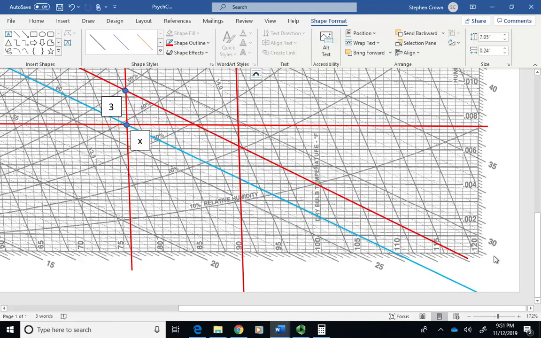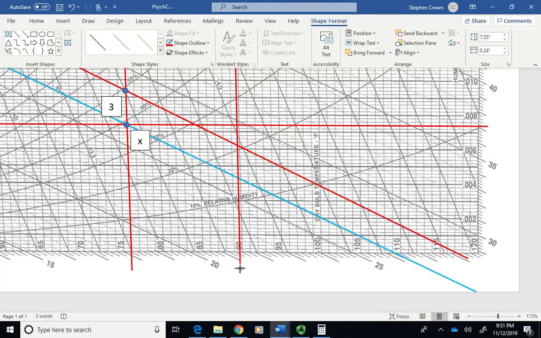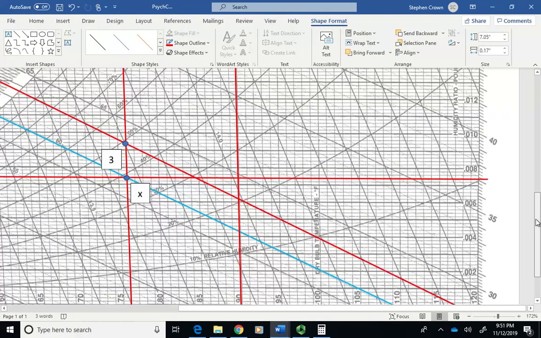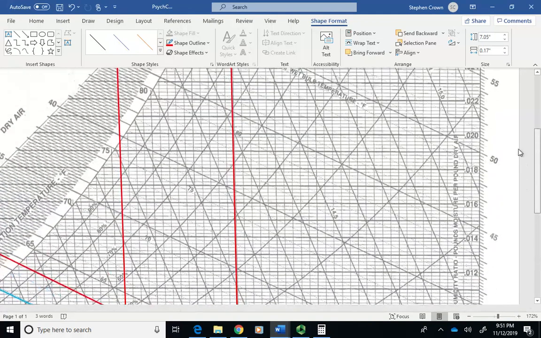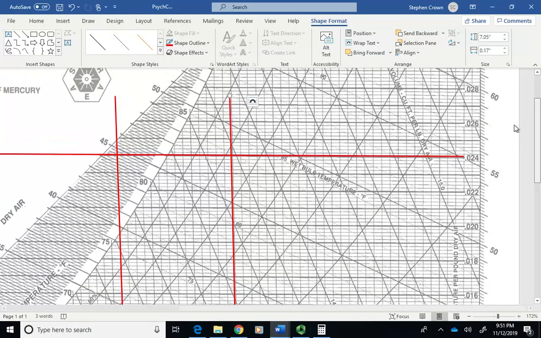Looks like it's a little not steep enough, so trying to make it parallel. That might be close. That's right on the edge there. And that looks pretty good.